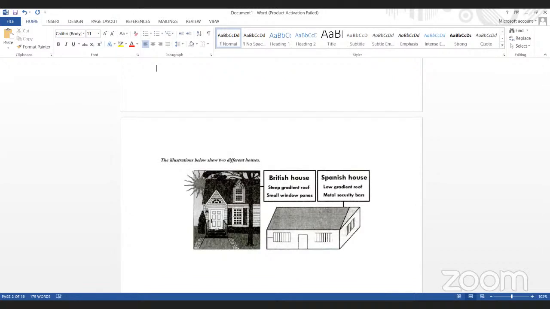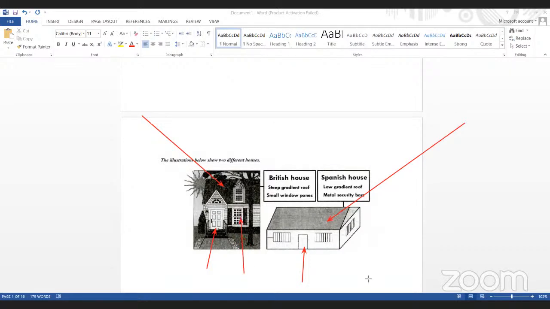When talking about something like this, what you need to do is compare the roof, right? And the door, right? Windows, you need to compare the windows.